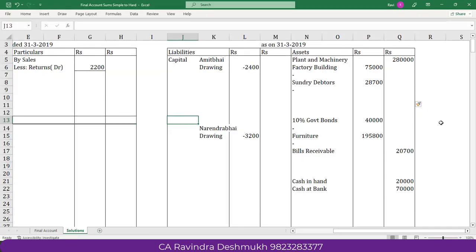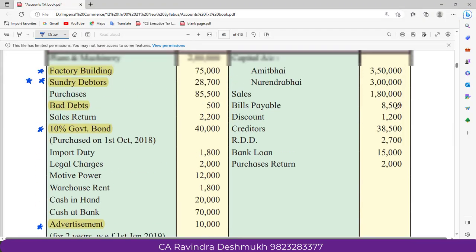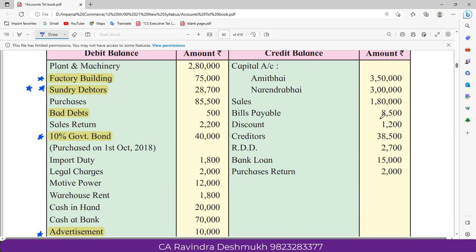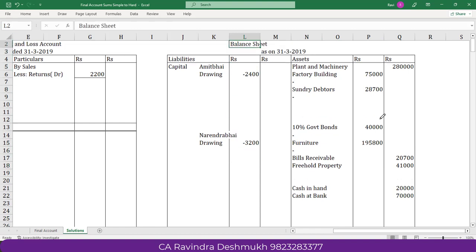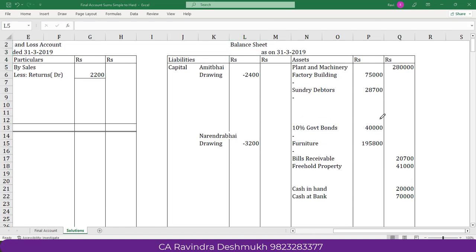And freehold property 41,000, no adjustment, so writing freehold property 41,000, no adjustment. Alright. Now capital account, these are to be written like this: 3 lakh and 3,50,000, 3,50,000 and 3 lakh.